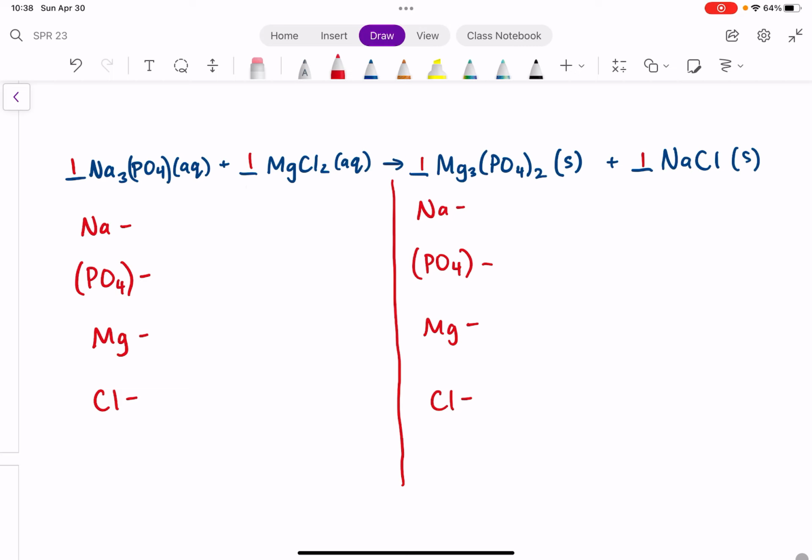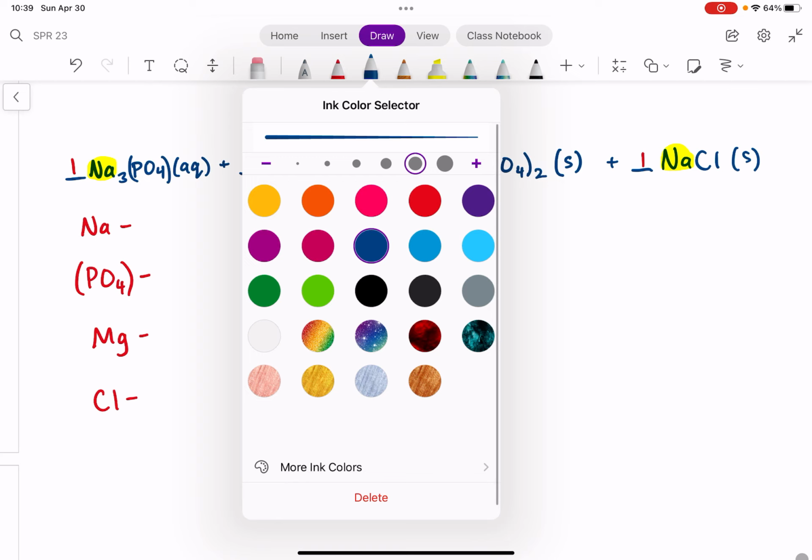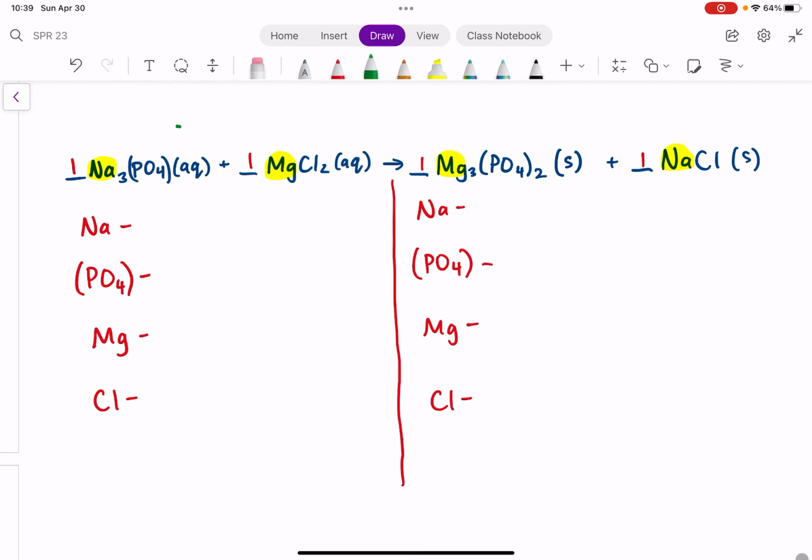So how do we figure that out? Remember, the coefficient tells you how many of this whole thing you have, this whole ionic compound. Because these are metals and nonmetals, and metals plus nonmetals means ionic bonding, right? So here's a metal, here's a metal, here's a metal. And what you'll notice, just as a side note, is that these two switched over here.